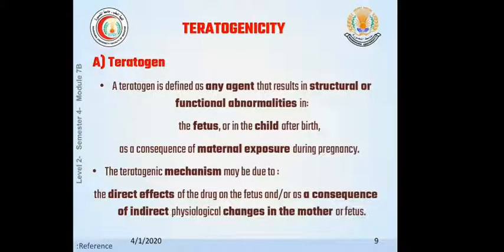Now, what is teratogenicity? Teratogenicity is used for any agents that have the potential, under certain exposure conditions, to produce abnormal development in the fetus. So we can define a teratogen as any agent that results in structural, number 1, or number 2, functional abnormalities in the fetus or in the child after birth.